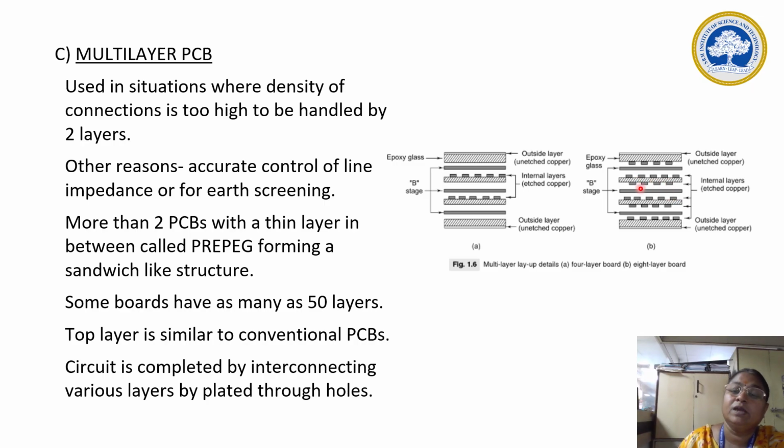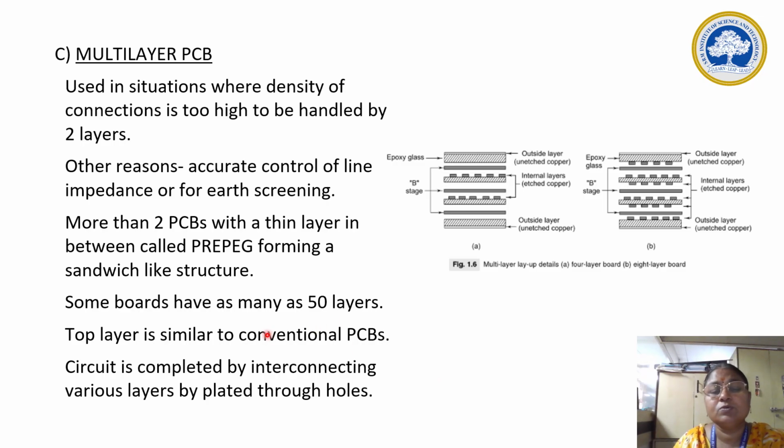You can place components, or you can have this type of analogy. It is used in situations where the density of connections is very large, and for other reasons such as accurate control of impedance or for screening purposes. Whether this can be enlarged, if it is visible it is okay, or we can enlarge it.